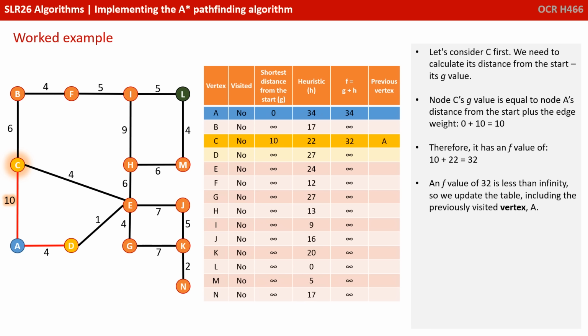So node C's G value is equal to node A's distance from the start plus the edge weight. So that's 0 plus 10. Therefore, it's going to have an F value of 10 plus its heuristic H of 22. So its F value will be 32. Now, an F value of 32 is less than infinity. So we update the table, including the previously visited vertex, to A.